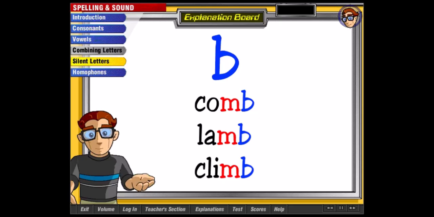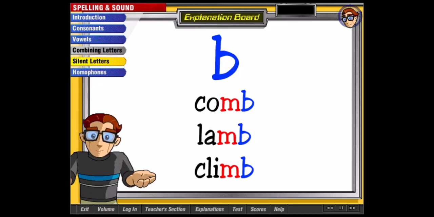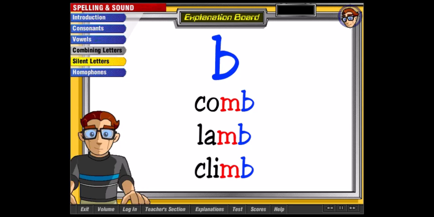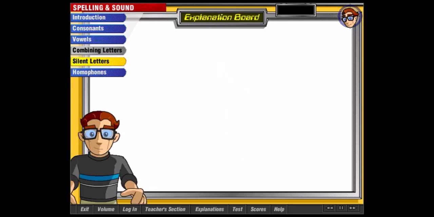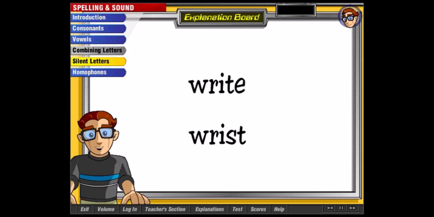Whenever you try to spell a word that ends in M, ask yourself, should this have a B on the end? Similarly, there are quite a few words like right and wrist that start with the R sound, but are actually spelled WR. This is another spelling pattern that you'll find.